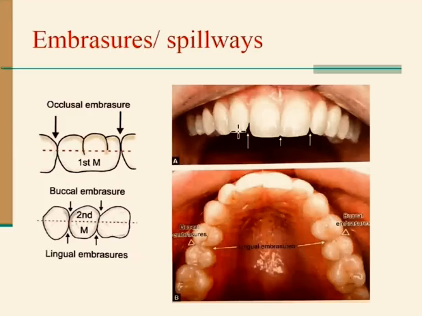We have the narrowest part close to the contact area, and the broadest part away from the contact area. From here, the space widens. We have a labial embrasure, a lingual embrasure from the other side, and we have an occlusal embrasure to form what we call the incisal or occlusal embrasure, as we say here. Okay, that is more occlusally located compared to the contact point.